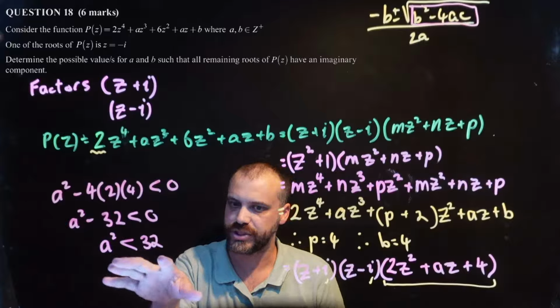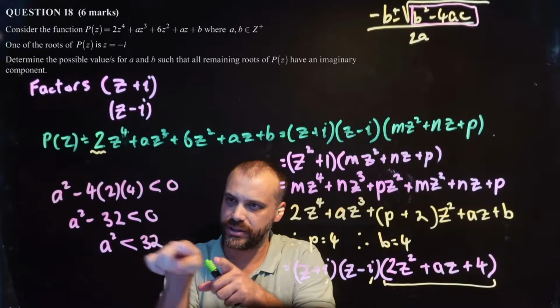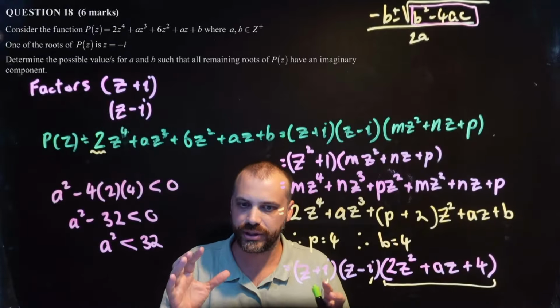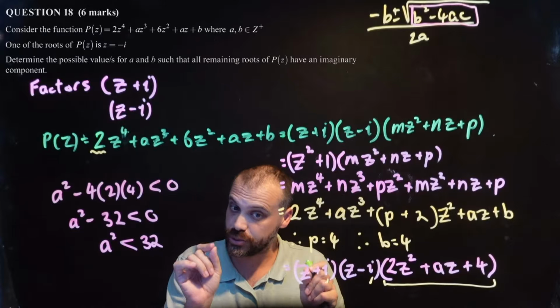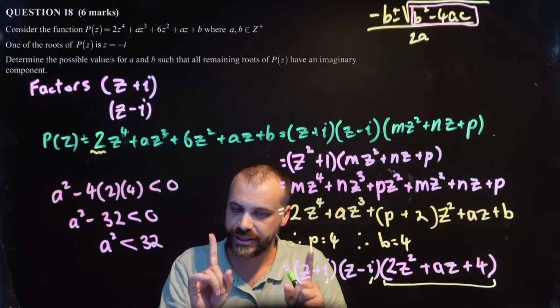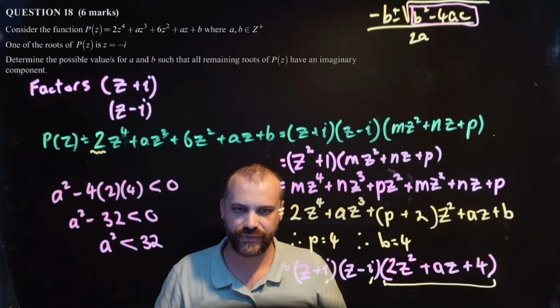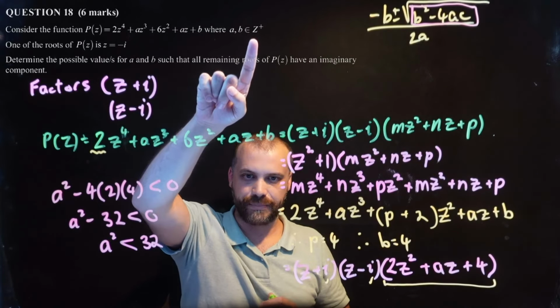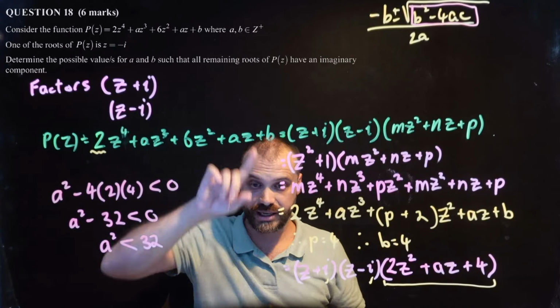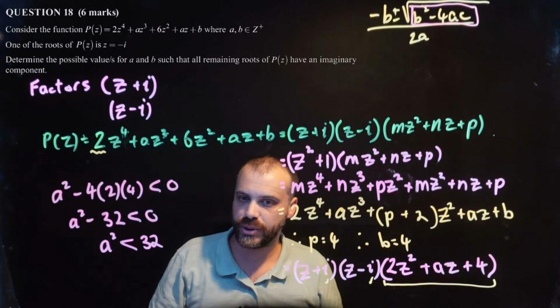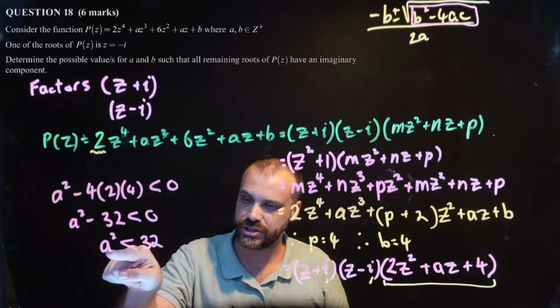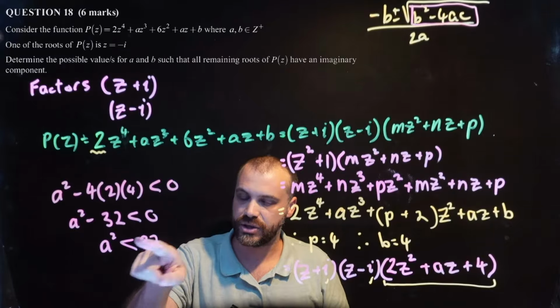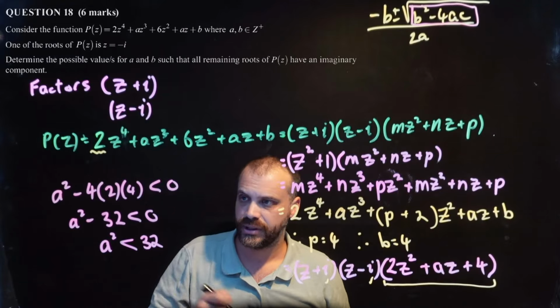Now we can do a bunch of solving here, but solving an inequality, especially with a square root, causes problems. Take a look at the hidden little piece of information in our question right here. a is a positive integer. So the question is, which positive integers can I sub into here so that it'll be less than 32?